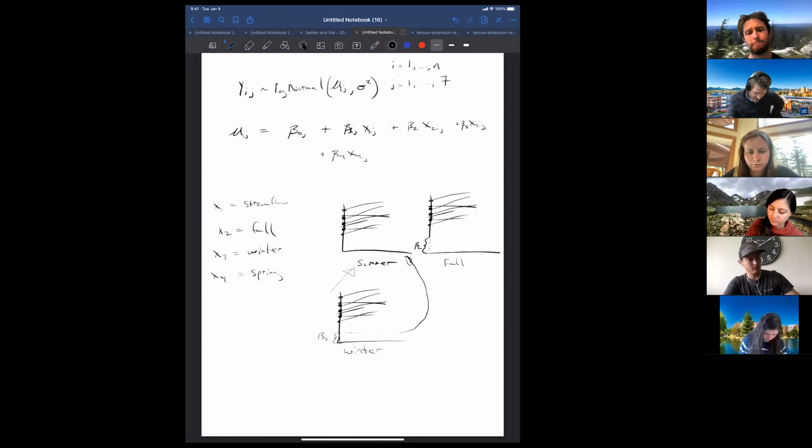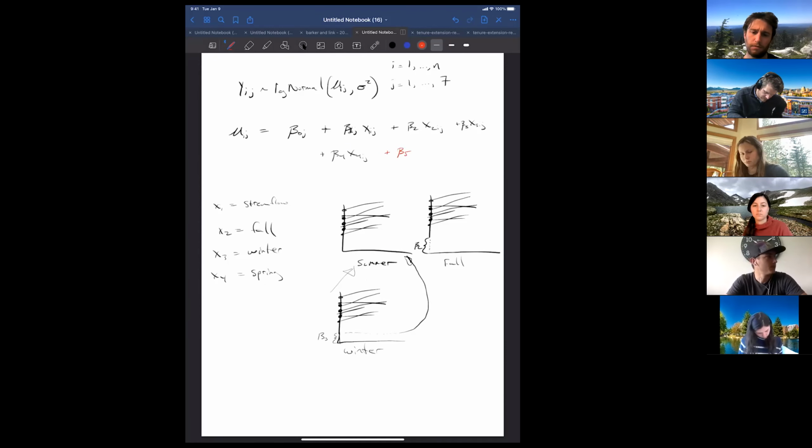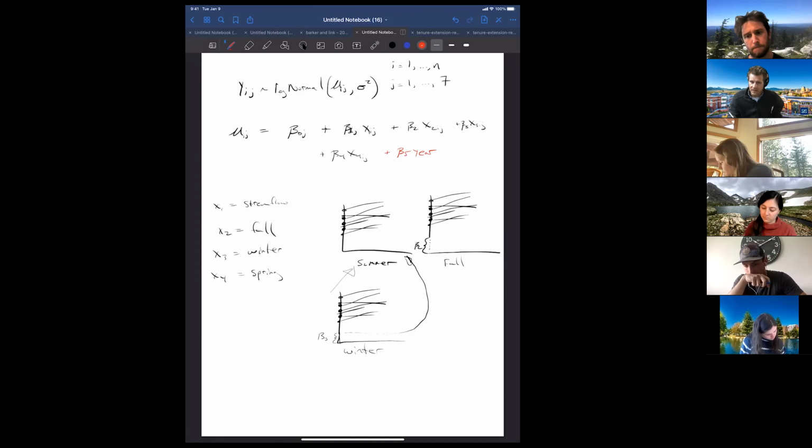All right. This is the model we're going to work on, but now if we wanted to add a year component, in the simplest case, we could say plus beta 5 year, where year is continuous and we either have an increasing or decreasing trend through time. If we think that trend might not be linear, we could do other simple things like beta 6 times year squared.